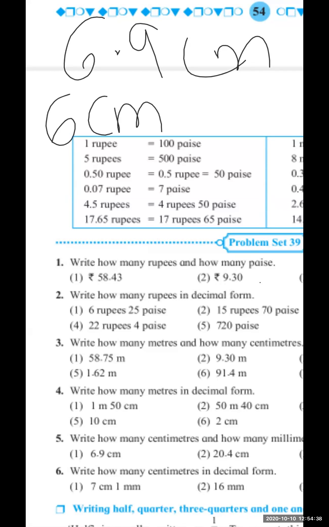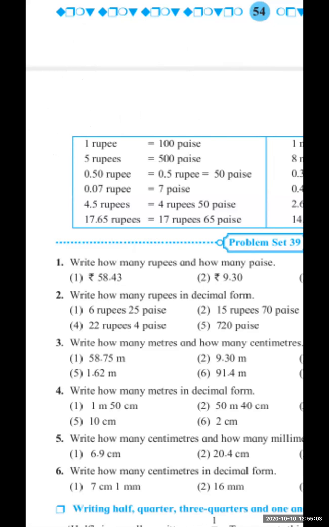So 6 will come as सेंटीमीटर. अब ये मीटर से छोटा वाला सेंटीमीटर आ गया तो इसका छोटा वाला और यूनिट कौन सा होगा? मिलीमीटर. So 6 centimeter and 9 will come as millimeter. सेंटीमीटर से छोटा वाला यूनिट क्या होता है? मिलीमीटर. So we write this in normal form: 6 centimeter, 9 millimeter. Okay.